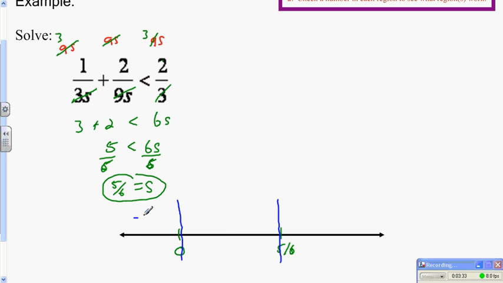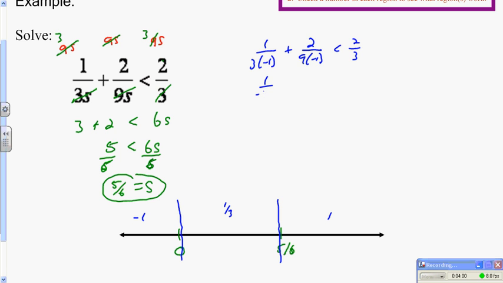So how about negative 1, 1/3, and 1. And in here, since we have 3s and 9s, let's use 1/3, because that will be nice to work with in that fraction. We check negative 1 first: 1 over 3 times negative 1 plus 2 over 9 times negative 1 is less than 2/3. We're going to see if we get a true statement.